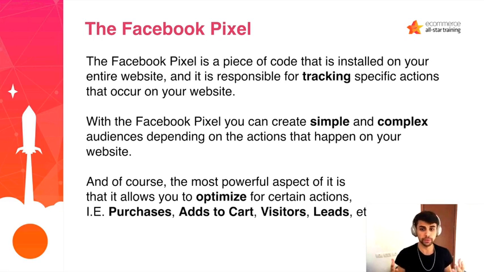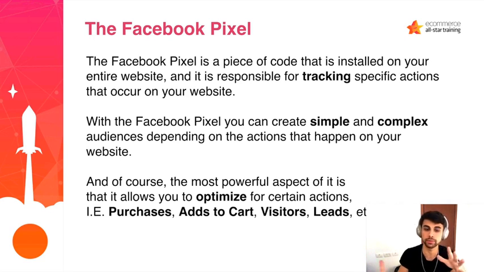And of course, the most powerful aspect of it is that it allows you to optimize for certain actions. So if you want to get more purchases, you can optimize to get more purchases. Adds to cart, you can optimize to get more adds to cart. You can optimize to get more visitors. Now, a lot of you might ask, why would I ever optimize for an add to cart or a visitor if I can just optimize for a purchase? Obviously we all want purchases.